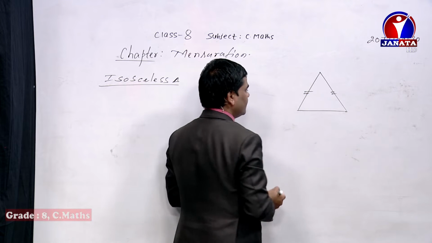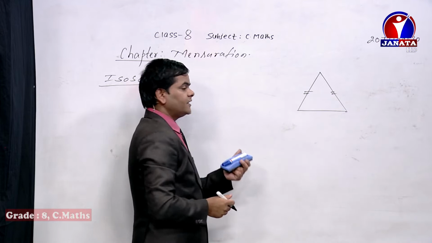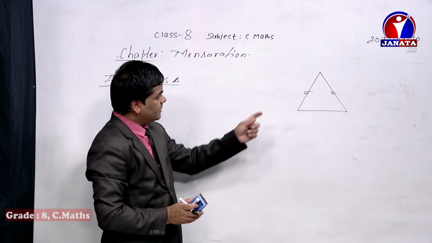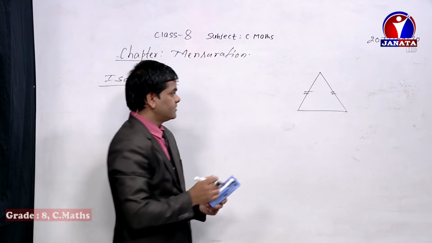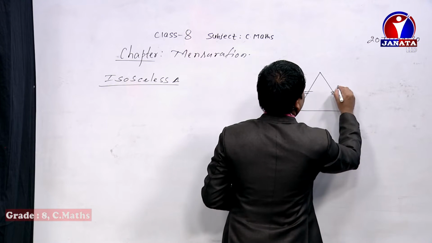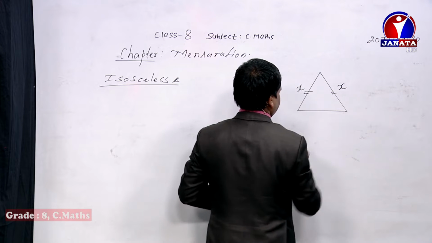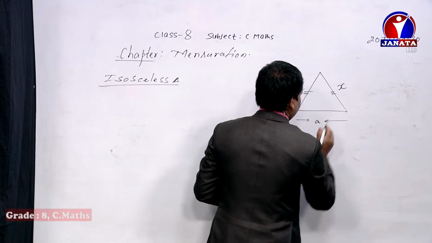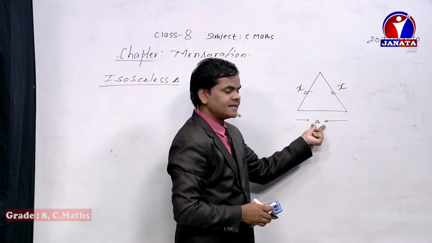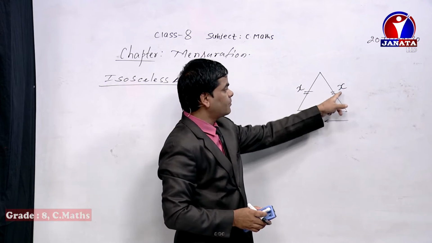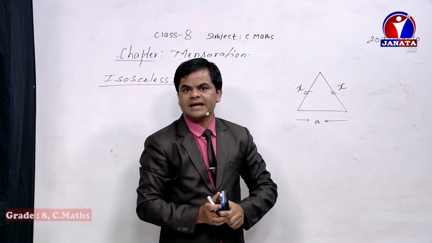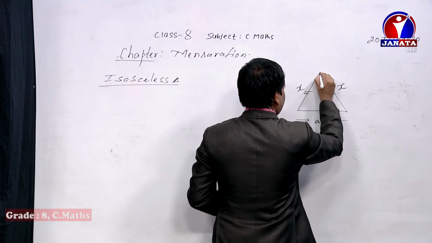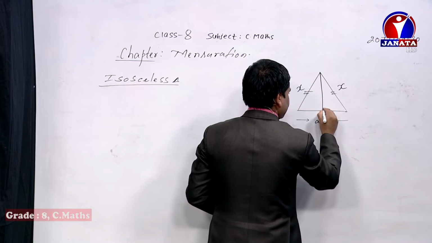But in order to derive the formula, we don't need the angles, so I'm just taking the sides of the triangle. Let's suppose the equal sides are x, and the non-equal side is a. The length of the non-equal side is a, and the two equal sides measure x. Now let's draw a perpendicular line from the vertex of the isosceles triangle.